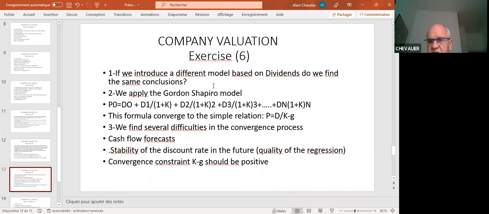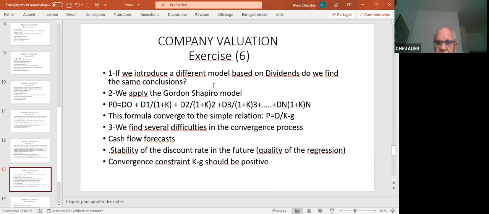P, price of share, means the value of the company will be P multiplied by N, number of shares, is equal to the next dividend to be paid. And generally, the next dividend, you get a good forecast or even the final decision, divided by K. And K, which is the cost of equity, as we will see, can be calculated using other models with several ways.